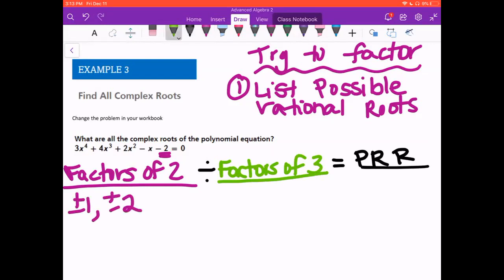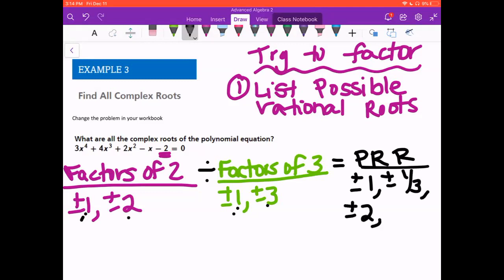Factors of 3 are 1 and 3, plus or minus 1, plus or minus 3. So let's find our possible rational roots. 1 divided by 1 is plus or minus 1. 1 divided by 3, positive and negatives considered, plus or minus 1/3. 2 divided by 1, plus or minus 2. And 2 divided by 3, plus or minus 2/3.